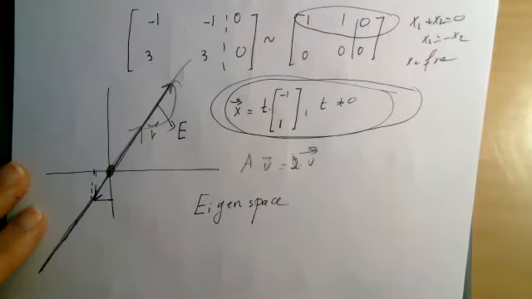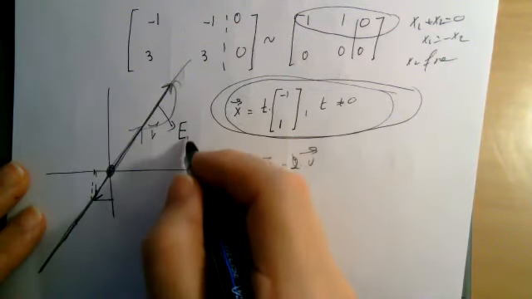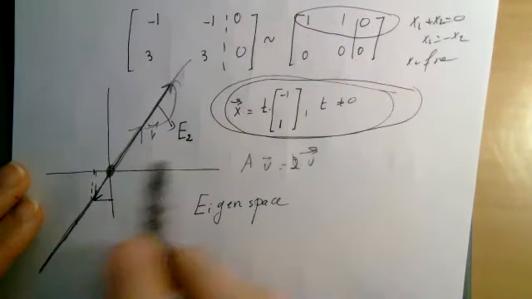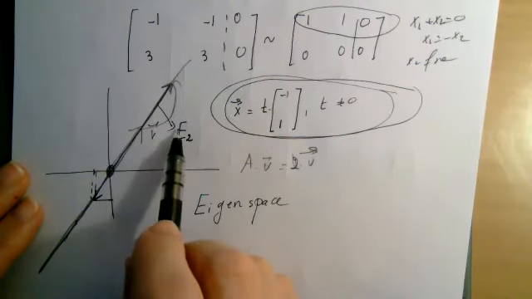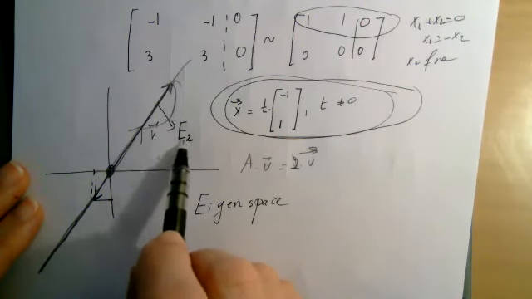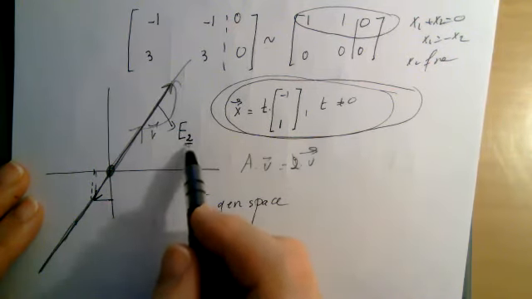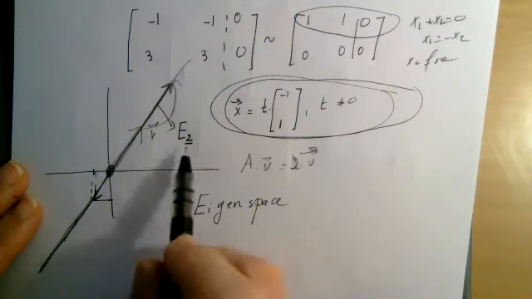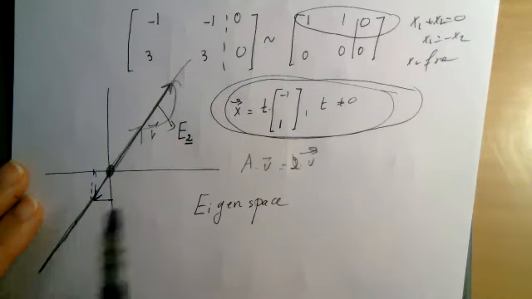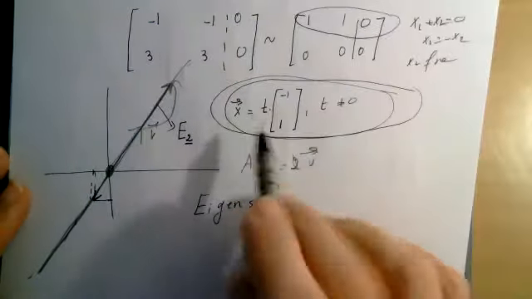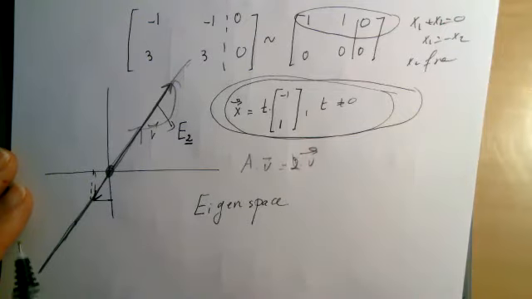E for eigenspace, a capital E, and at the bottom here we write 2, which means that this is all the eigenvectors. The big E tells me that you're looking now at all of them that correspond to lambda equal to 2. So the 2 is basically the value of the eigenvalue. So the eigenspace really is all of them.